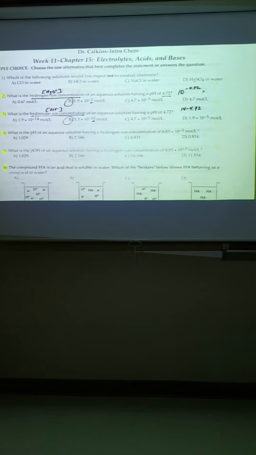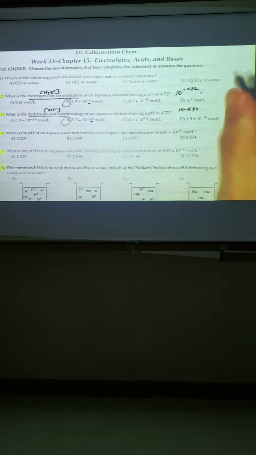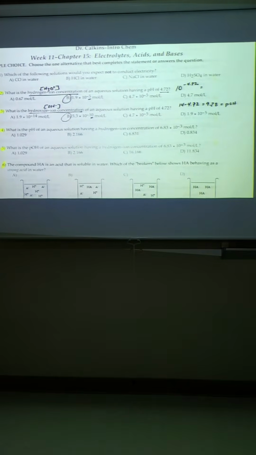So when you do that, you'll get 9.28. And that's the pOH. So now we can take 10 to the negative 9.28 and get our answer, which again is 5.3. So that's second log negative 9.28 in your calculator.